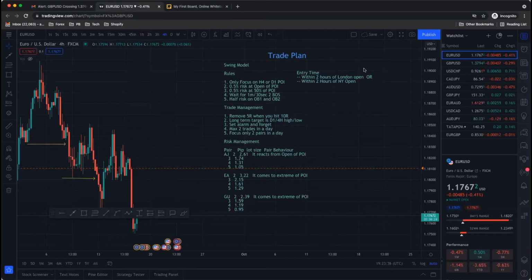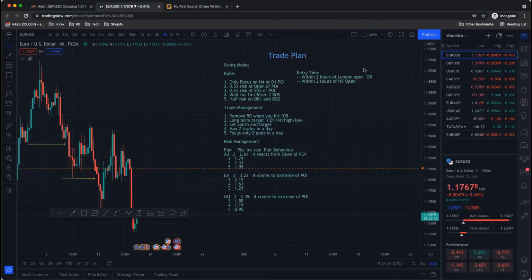Today I'll be talking about the trade plan, and I will be throwing some light on how to approach the market after you learn all this. There will be different models, by your understanding: the swing model, the intraday model, and the scalp model.